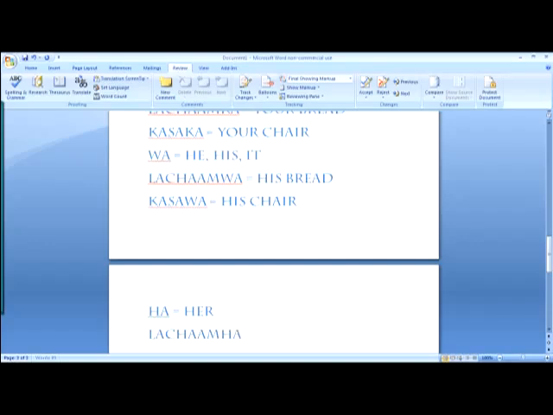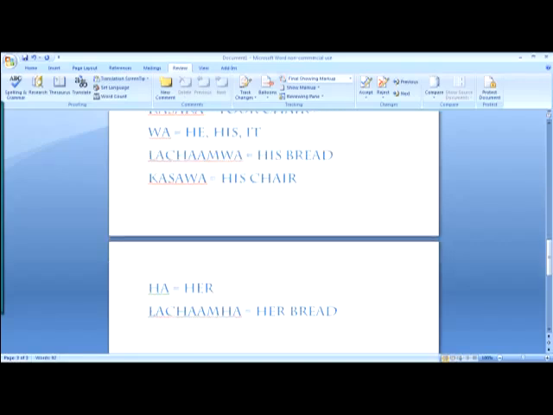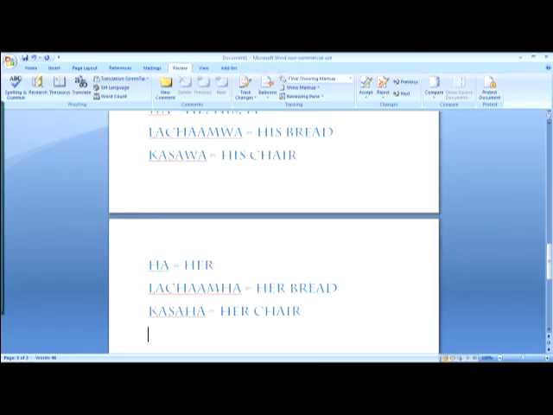Lacham ha literally means her bread, because you're speaking about a woman, a female. Same thing with chair. Kasa ha, which means her chair. So her bread and her chair. Another example is like the word Adam, the name Adam.